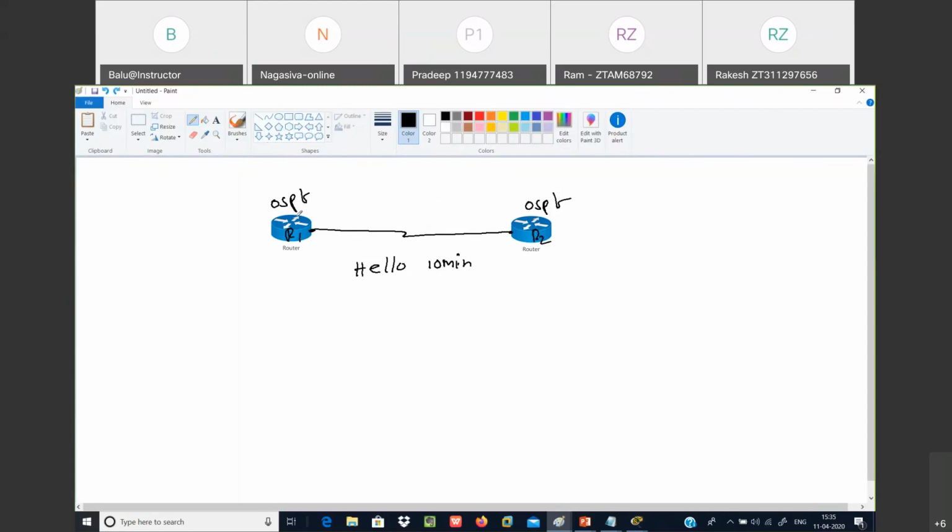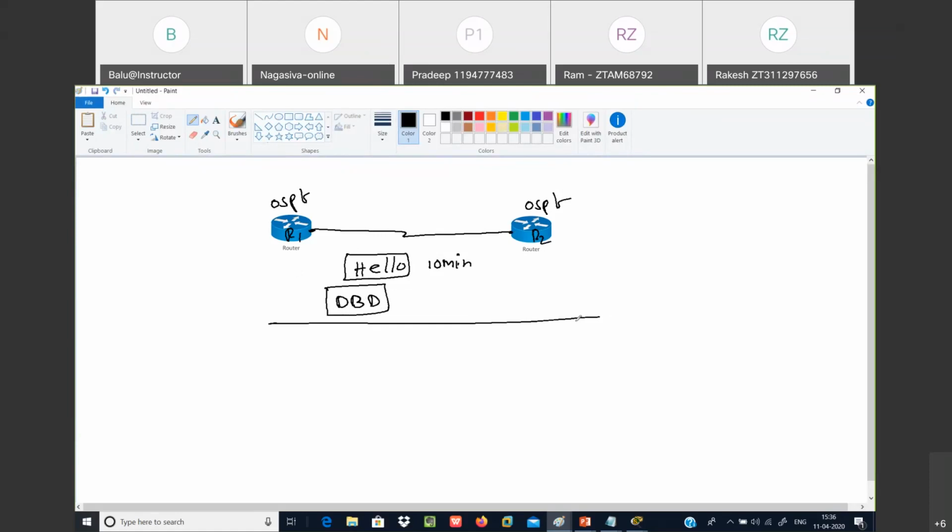Database exchange, right? So that packet we call DBD. The first one is the hello packet. The second one is the DBD packet, the database description packet. Now the DBD packet exchange is done. Enough. No exchange, no information.